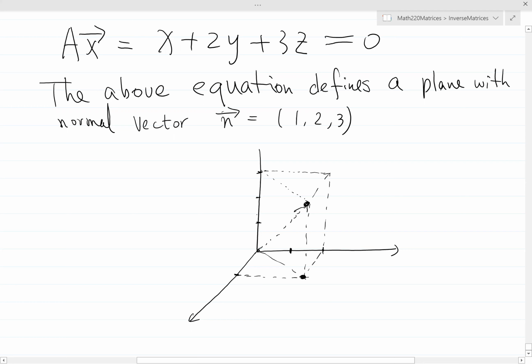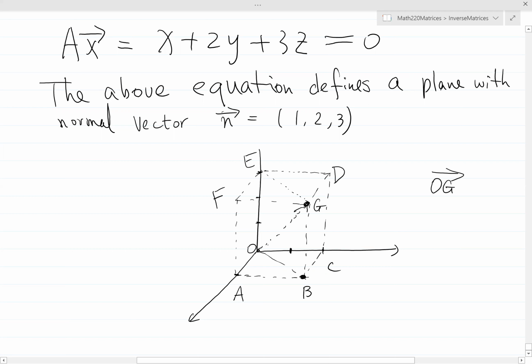Now if we plot here, the points are A, O, B, C, D, E, F. The normal vector is G, or rather the normal vector is OG. Now, what's the null space?